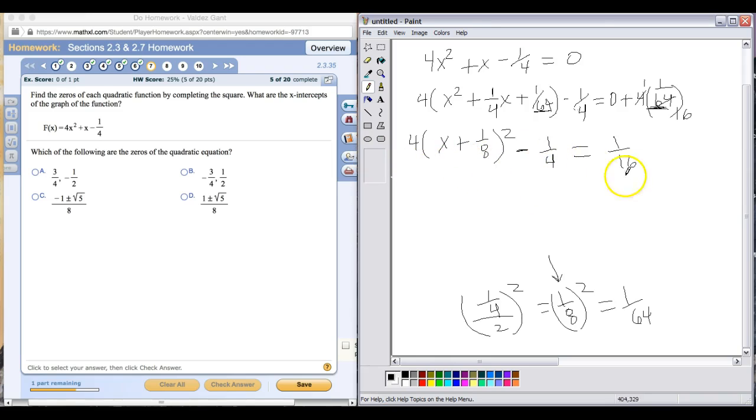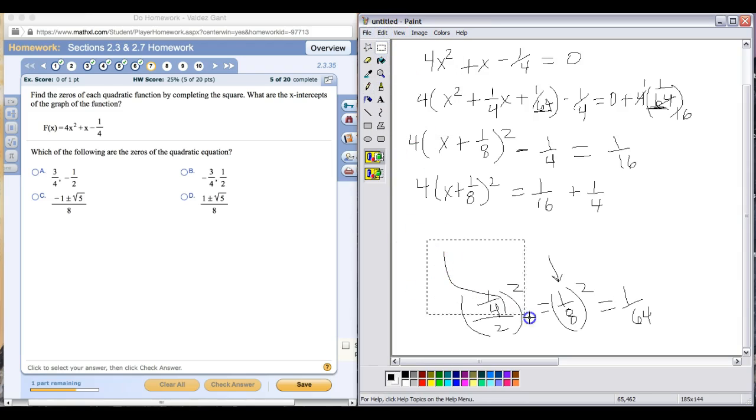From this point, pretty good to go. We keep on going here. If we add 1/4 to both sides, we get 1/16 plus 1/4. I'm going to get rid of this selected area so we can have some more room.